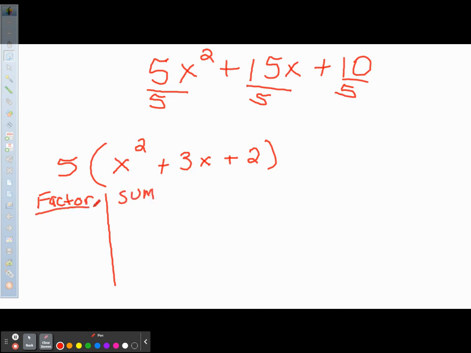Okay. Well, the only factors of 2 are 1 and 2, and it's positive 2, so they're both going to be positive or both negative. They have to add up to positive 3, so that means it'd be positive 1 and positive 2, and they add up to 3. So this factors into, you keep the 5, and then you write your x plus 1 times x plus 2.